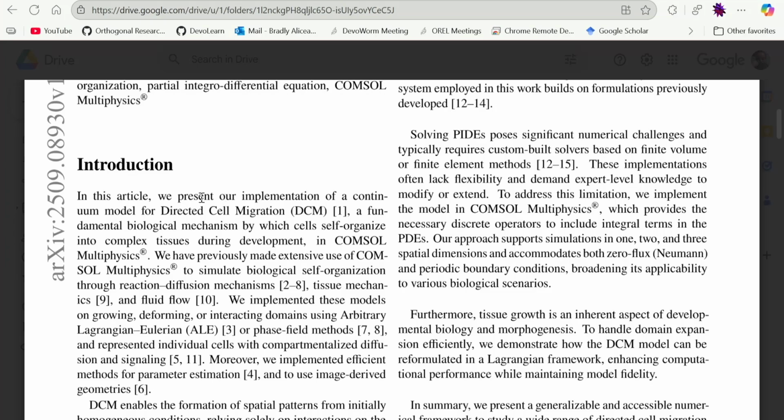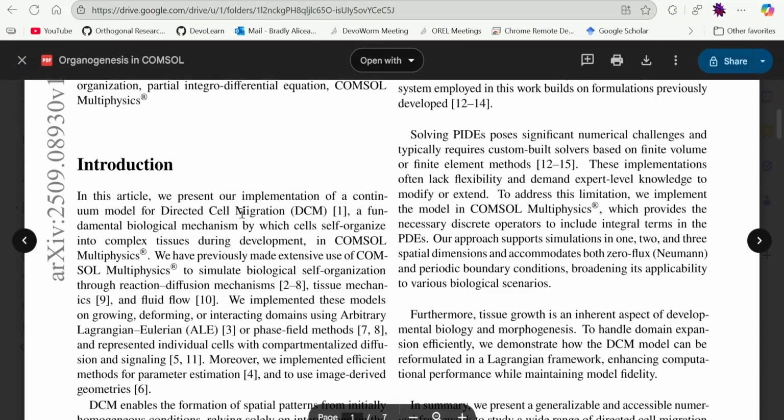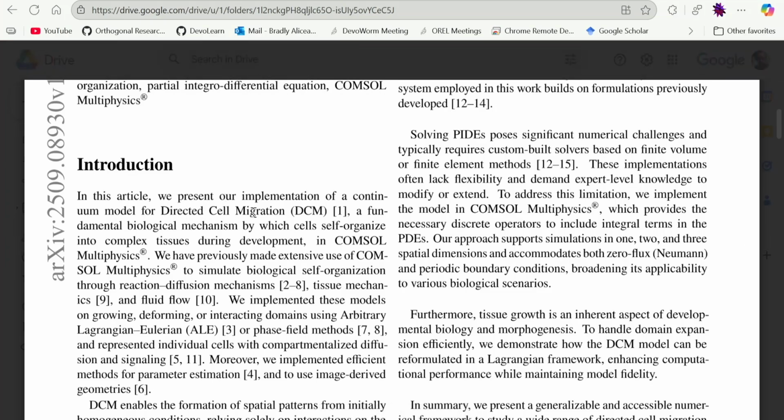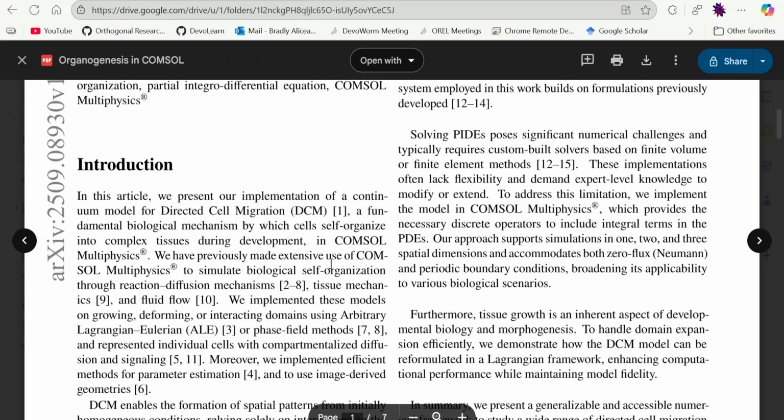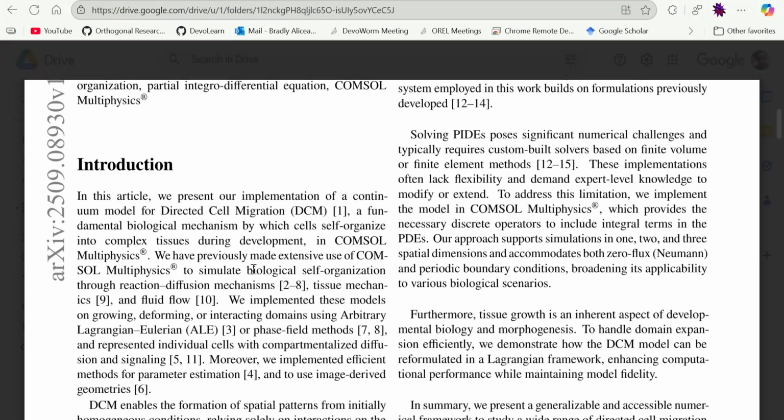So in this article, we present a continuum model for directed cell migration, or DCM. This is where cells self-organize into complex tissues during development. It seems like they have to do this trademark every time they mention COMSOL Multiphysics, which is really kind of distracting.